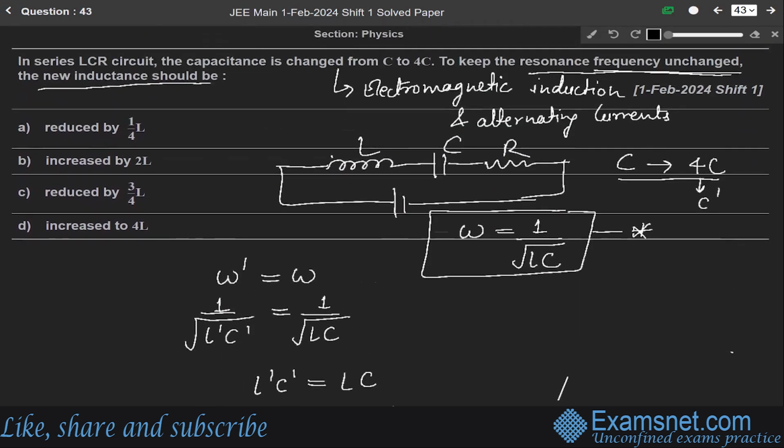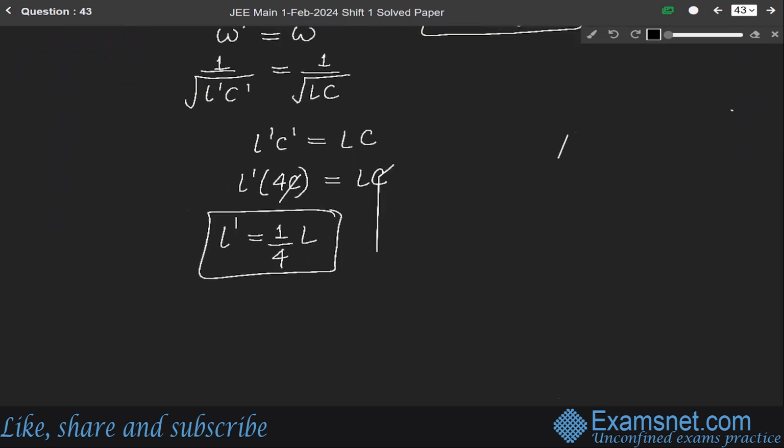So to keep it unchanged, the new inductance L dash should be 1 minus 1 by 4 of L, meaning L dash should be 3L by 4.